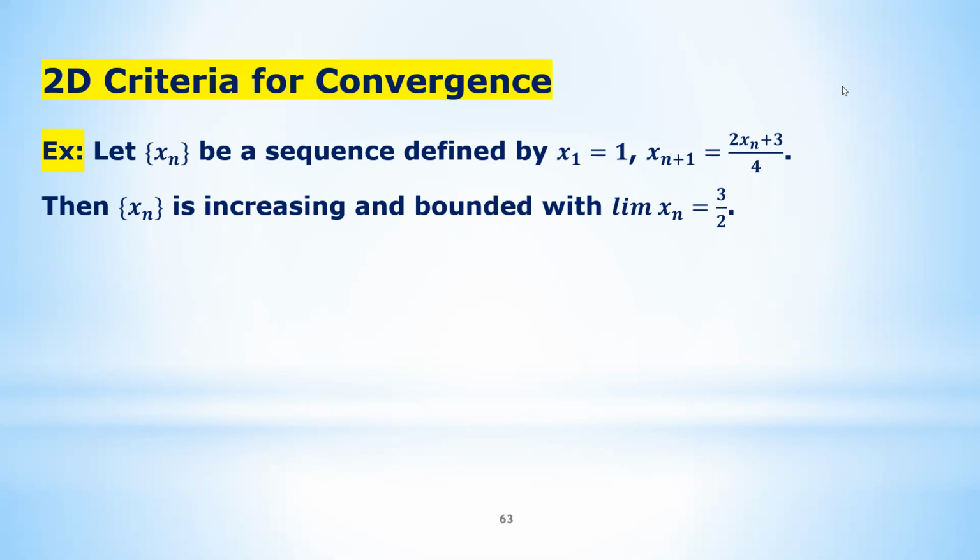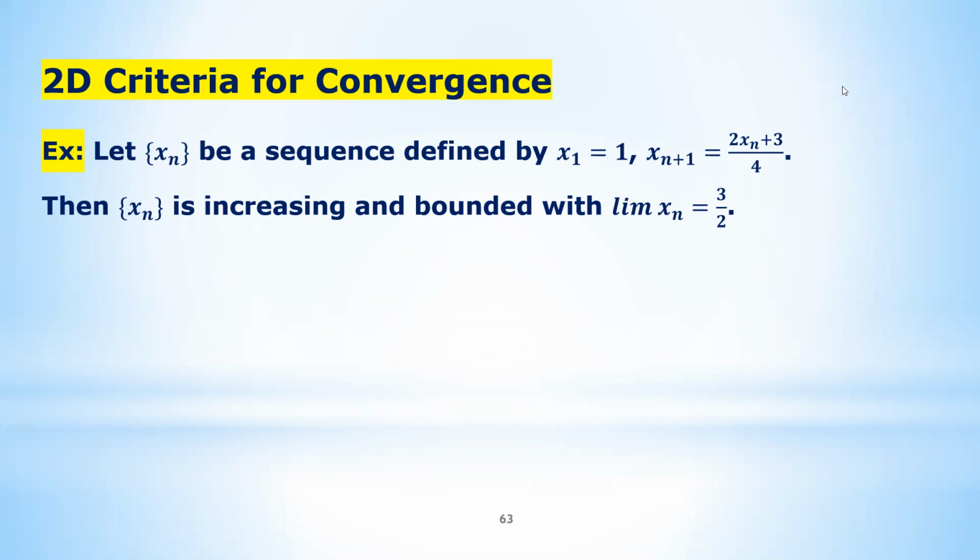Why do we need to prove increasing and bounded? Once I can show this, by the criterion of convergence, the sequence has a limit. Once we confirm that the sequence carries a limit, from this formula I can take the limit on both sides, and the limit should satisfy a certain equation.